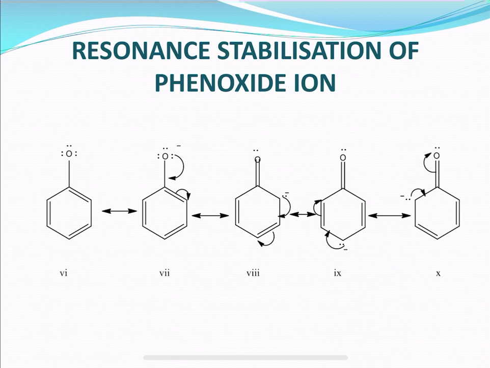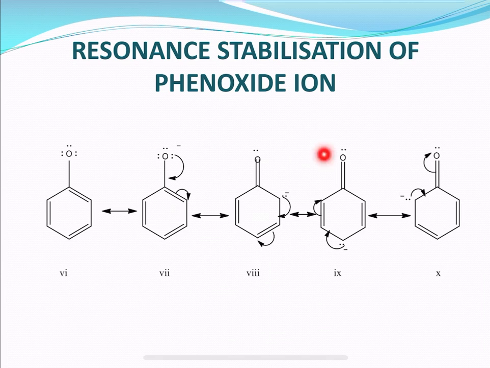When phenols come in contact with aqueous solution, they are more stable, and that stability is because of the formation of phenoxide ions, which show resonance stabilization just like we see for benzene.